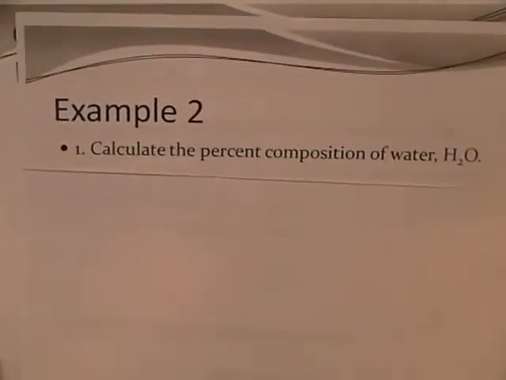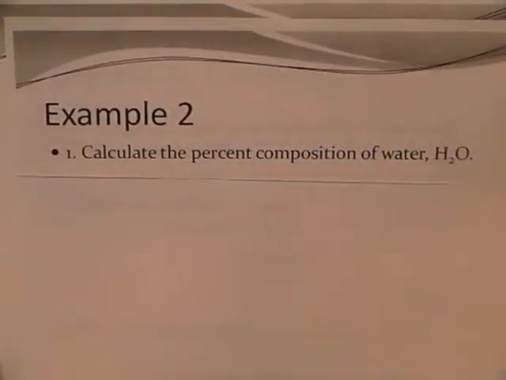All right, so next example, I'm going to cover the answer for now. It says calculate percent composition of water, H2O. Okay, so if you look back at step one, it says calculate the molar mass, right?